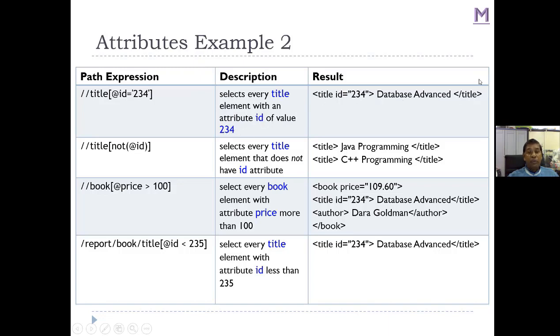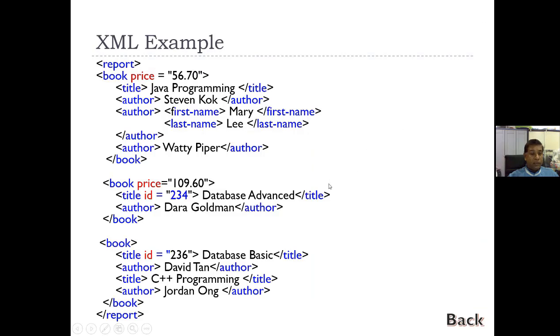So it will give you the output with the 234, title ID equal to 234, then database advanced, the title. Okay, so if you go to the example here, we have this one, ID 234. It will extract this information and display.